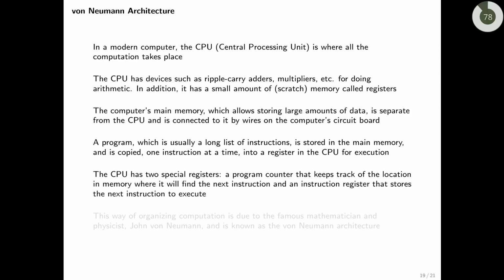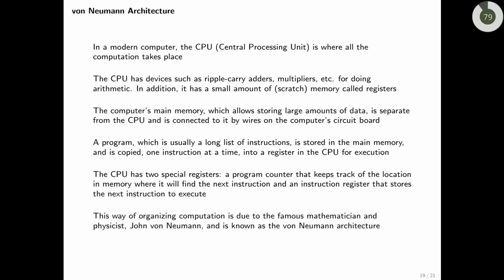The CPU has two special registers, called the program counter and the instruction register. The program counter keeps track of the location in memory where it's going to find the next instruction to execute, and that instruction is fetched into the instruction register and executed. That's how things work. Now, this way of organizing computation is due to a very famous mathematician and physicist, John von Neumann, and hence this architecture is called the von Neumann architecture.